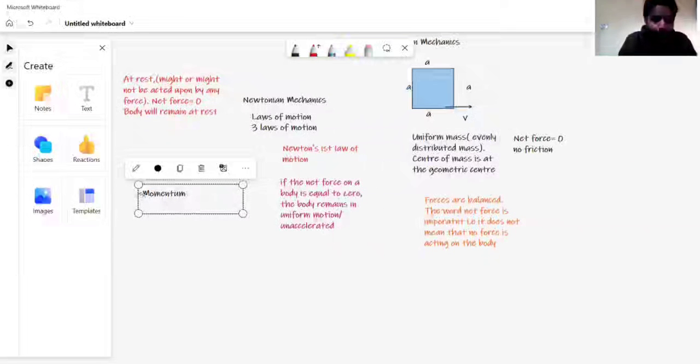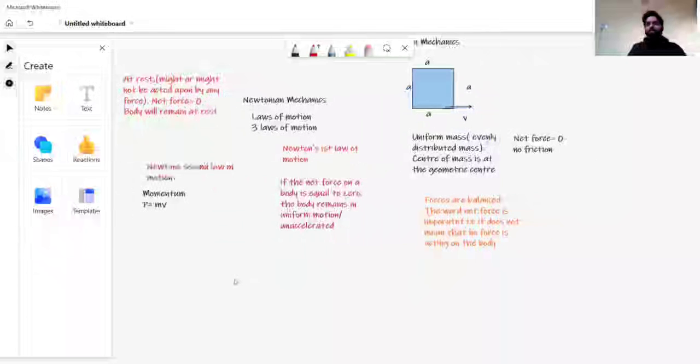Momentum is basically a physical quantity P, which is equal to m, mass, into v, velocity. The body is moving. That means we are able to rule out two things. If the mass of a body is 0, we can't talk about momentum.